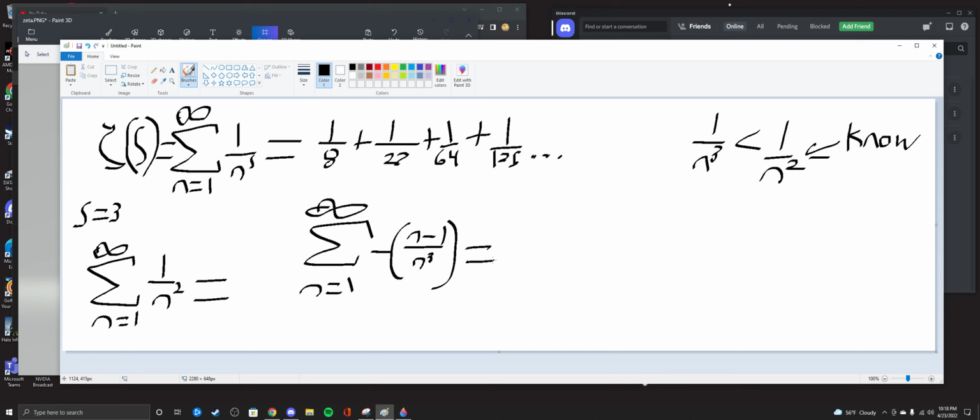Unfortunately, I do not know the answer to this. Well, I know the answer, but I wouldn't know a way to get to the answer without just doing some really boring number crunching. Of course, you could write out a lot of terms. You could go to the 100th term or some arbitrary value where n minus 1 over n cubed is so infinitesimally small that it has almost no effect on the sum.